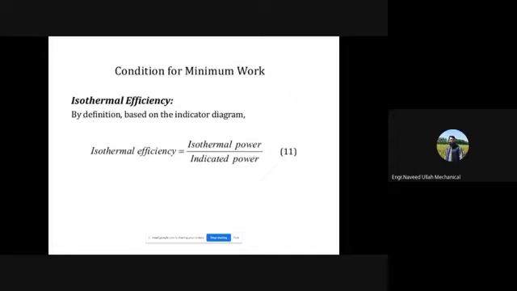Now if you want to find the isothermal efficiency based on the indicated diagram, it is the work or power consumed by the compressor when the process is isothermal, over the power consumed by the compressor when the process is polytropic. The ratio of these two will be less than one, since the work consumed is less, as we just discussed. So the ratio comes to something like 0.8 or 0.9, so you get about 80% isothermal efficiency. Why we cannot achieve 100% isothermal efficiency is another discussion.